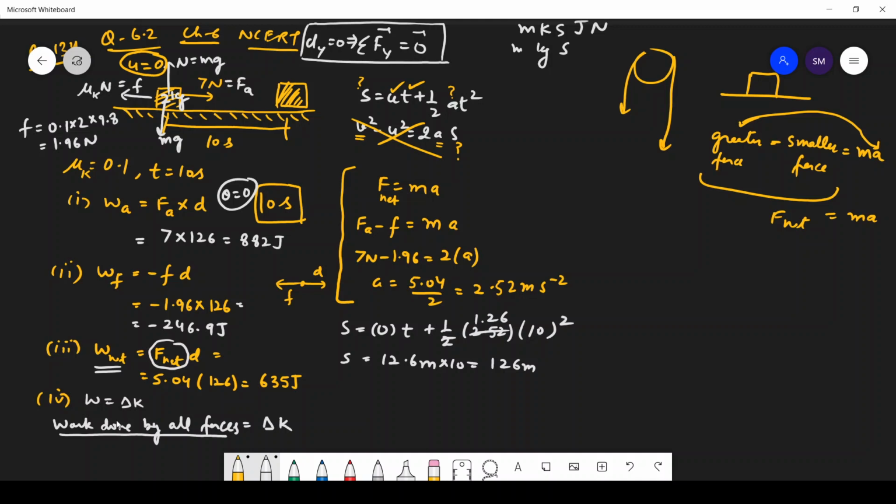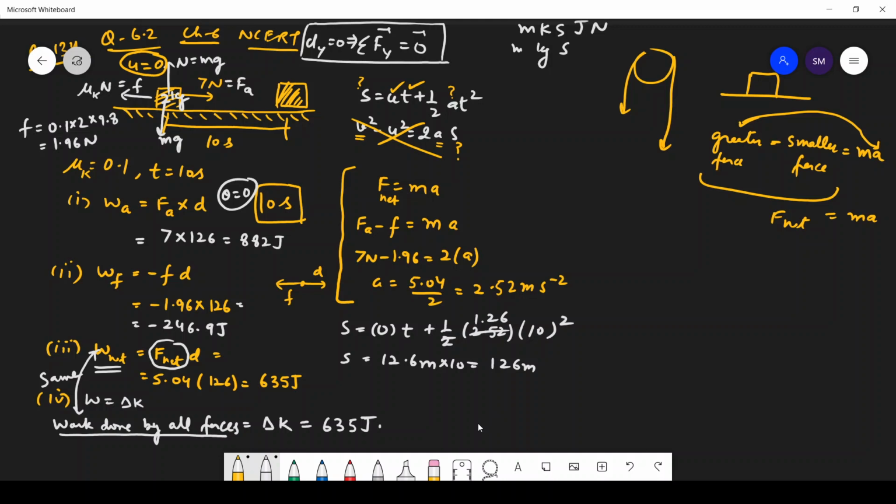Yes, so of course this and this are the same. Work done by all the forces. You have taken all the forces here, because this upward and downward force, the net resultant is 0, and this thing and this thing. So you have considered all the forces. So the answer is 635 joules.